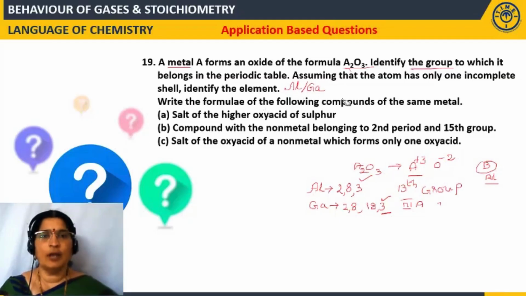Write the formulae of the following compounds of the same metal. Salt of the higher oxy acid of sulfur. Sulfur forms two oxy acids, sulfurous acid and sulfuric acid. Higher oxy acid is sulfuric acid, that means it is H2SO4.